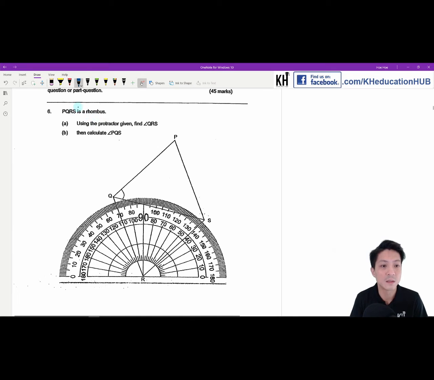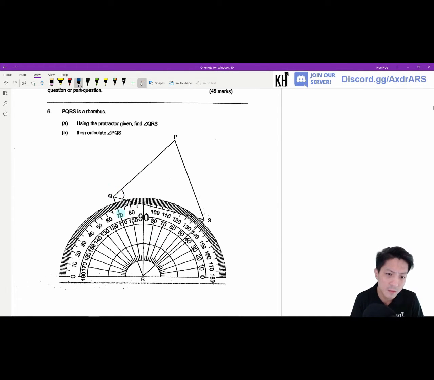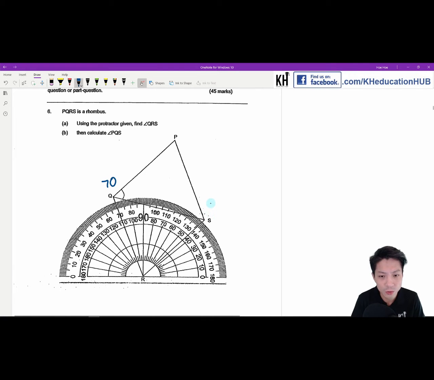Okay, question 6. PQRS is a rhombus. Using the protractor given, find angle QRS. I'm going to try and read the outer layer. So this is 70, and this is 136.